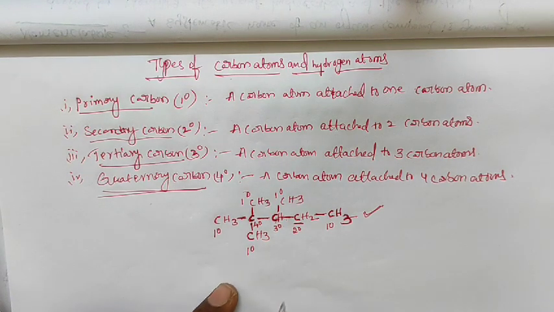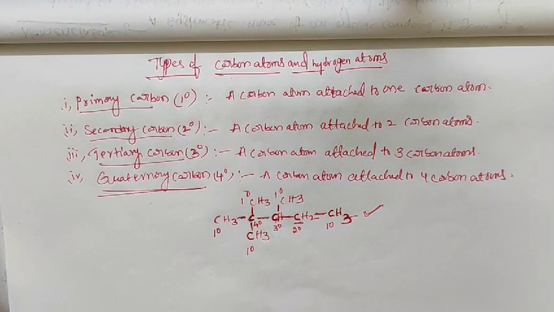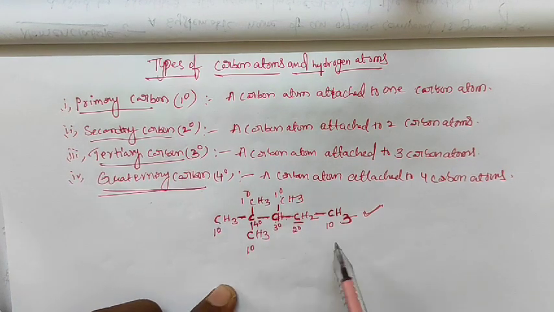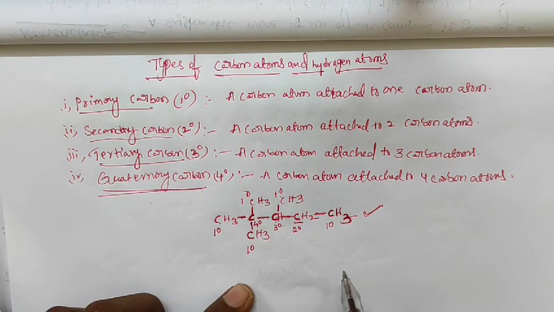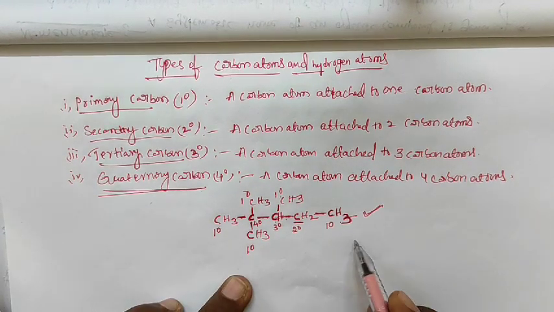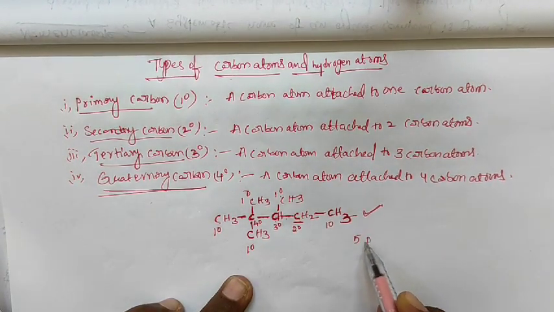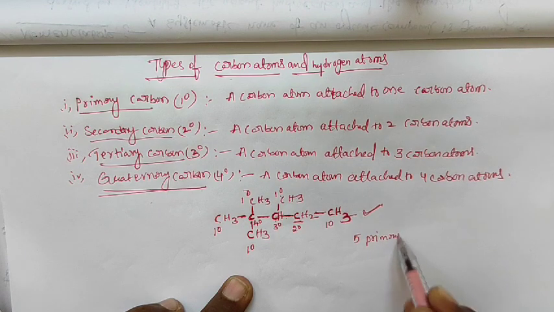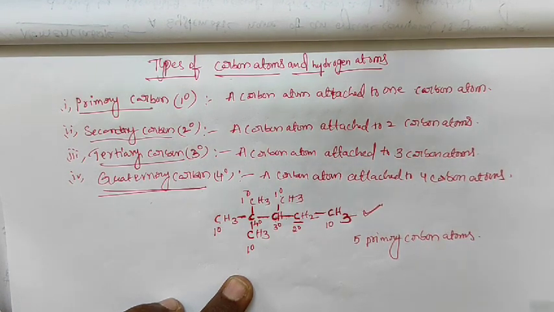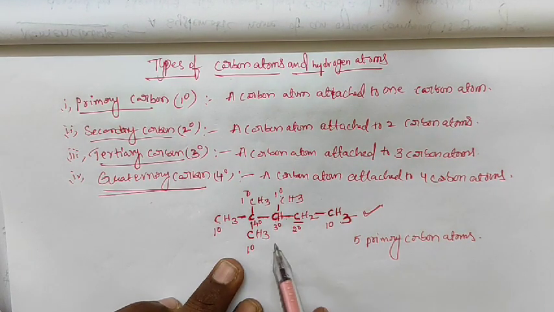So now how many primary carbon atoms are there? 1, 2, 3, 4, 5. So 5 primary carbon atoms are there. Next, how many secondary carbon atoms?